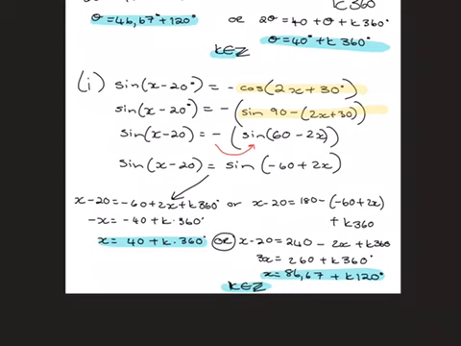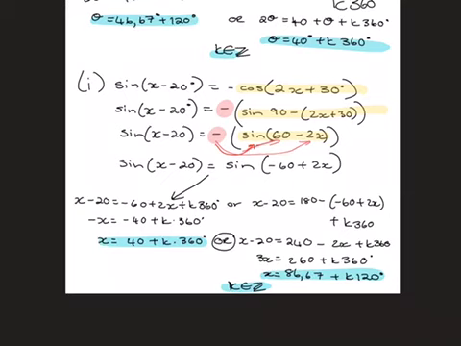Just bank this negative over here for a second. Sort out the yellow bracket. Sine 90 minus, you end up simplifying to getting that. And then, because it's negative sine of an angle, we can incorporate that negative back in and bring that negative to both bits within the bracket.